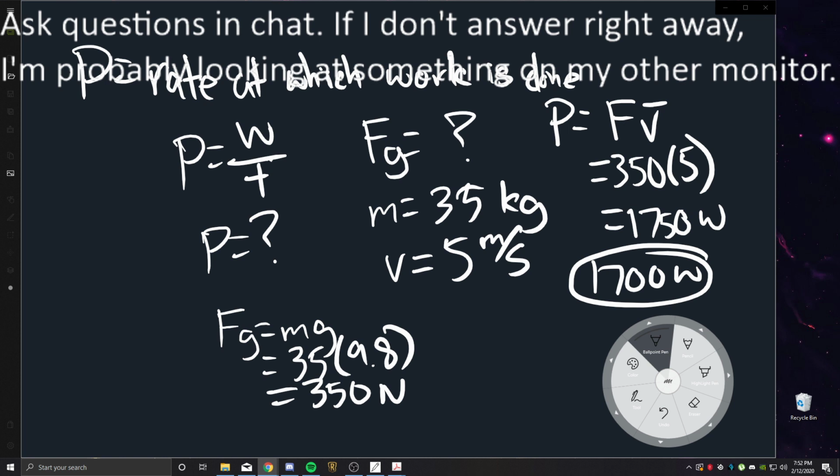The math might be simplistic, but maybe coming to the conclusion might be a little bit difficult. Yeah, the math part might be fine, but how to solve it, like which formula to use, like knowing that rate at which work is done, reading the problem, is a bit difficult for some.